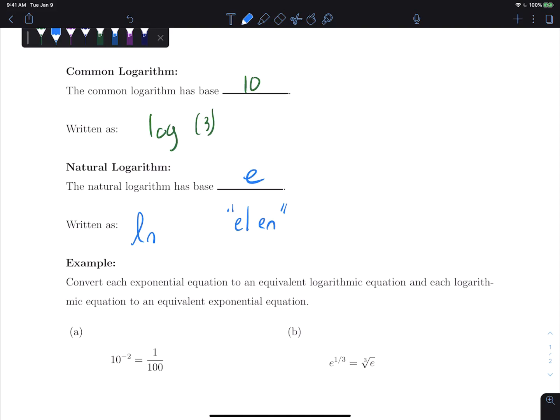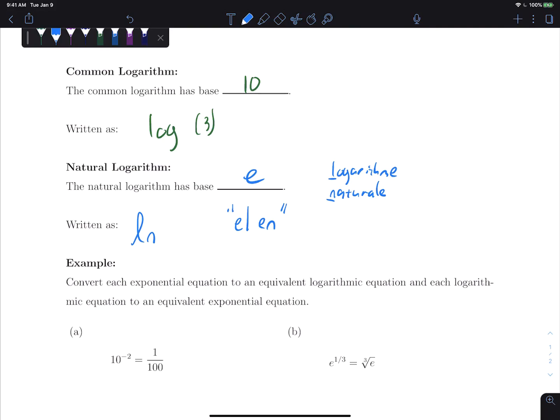The reason we write it as ln, first of all, is that we like to use L for logarithms, and the reason we can use ln here is because we got this from the French words logarithme naturel, and it was really the French that developed this.